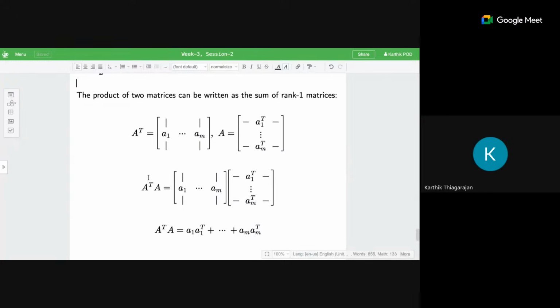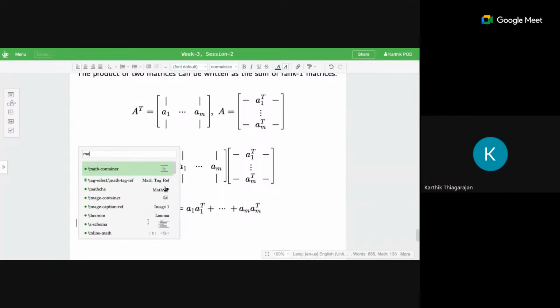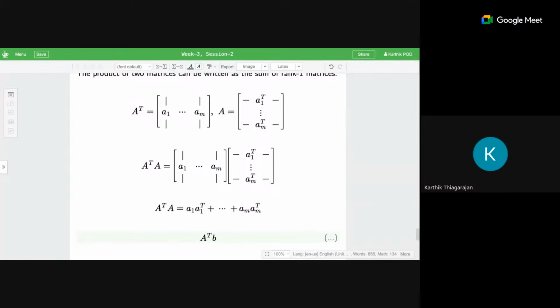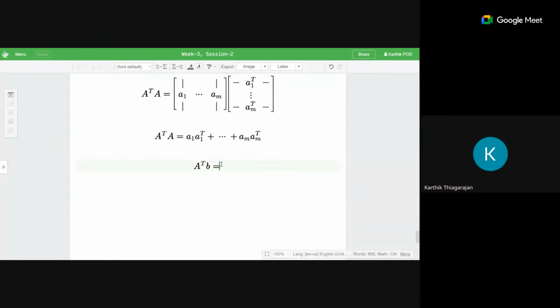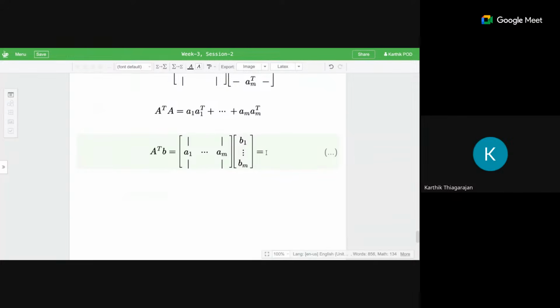The second is, if you multiply A transpose B, B, remember, is a vector. So this is like b1 so on till bm. So what is a matrix vector product? It's the linear combination of columns, right? So this is b1 a1 plus so on till bm am.